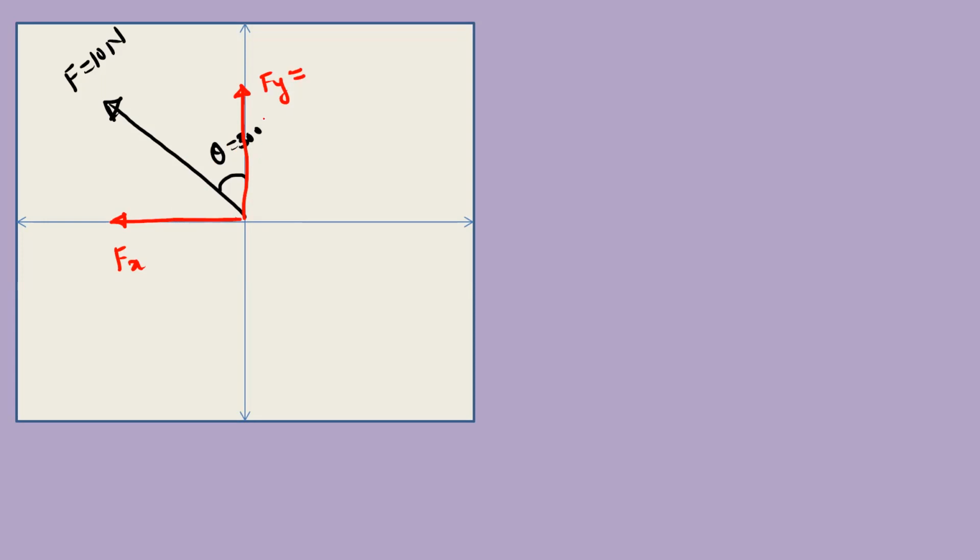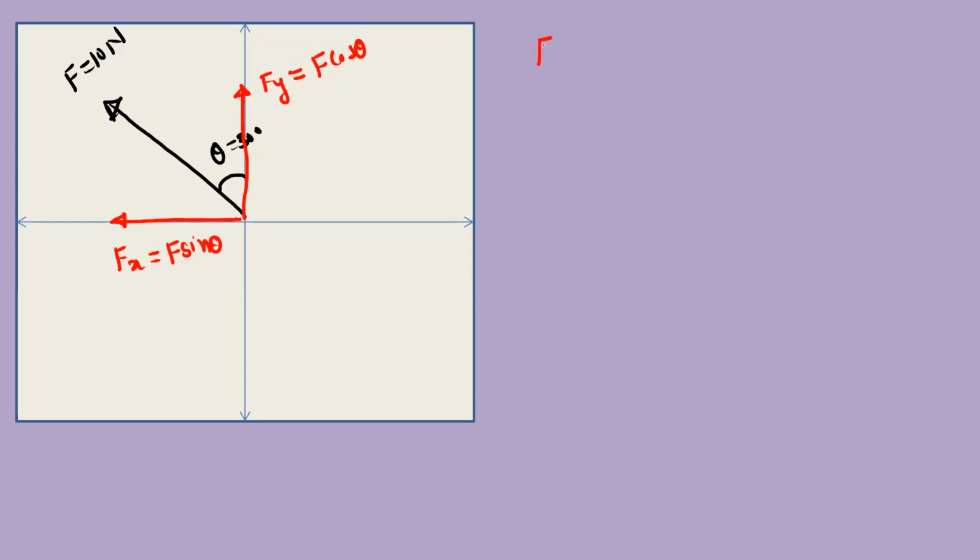Now here Fy is adjacent, so we can write this as F cos theta, and Fx is opposite to theta. So this is F sin theta. Always remember, opposite means sine and adjacent means cos.